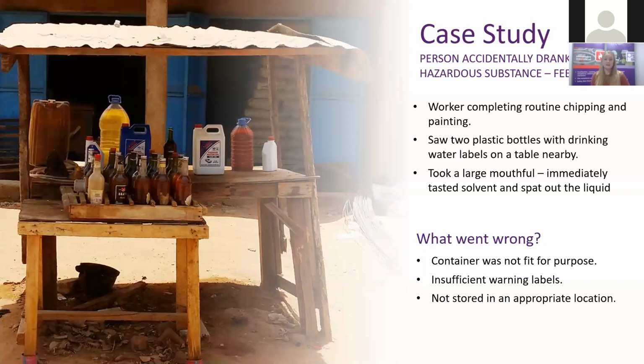In these events, there were insufficient warning labels. There were no labels present, and so there was no indication that there was a hazardous substance inside. And thirdly, they were not stored in an appropriate location. They were either left unsecured or moved from the work area, and without the sufficient labels, they were taken by unauthorised personnel and then used.